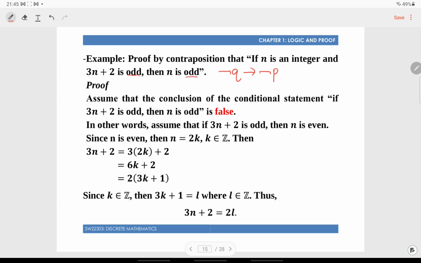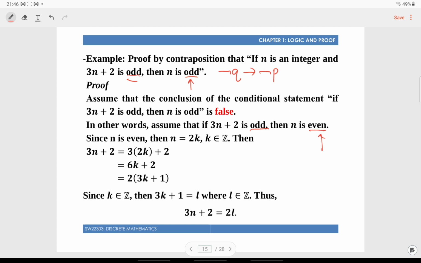So we need to change the conclusion. This one is even, the original one is odd. So we need to assume that the conclusion of the original statement is false. If the conclusion in the original statement is n is odd, then in this assumption we assume that the conclusion is false, so n is even.